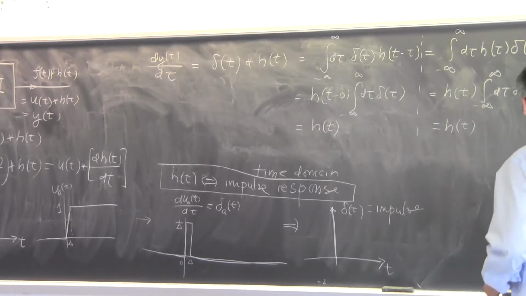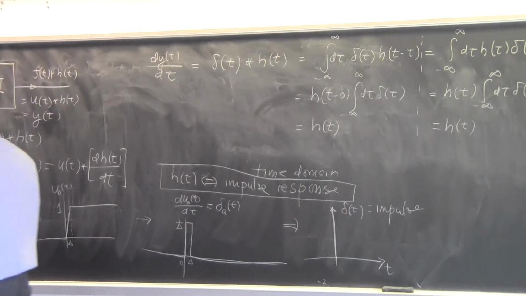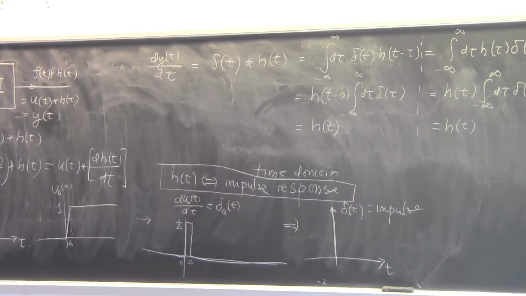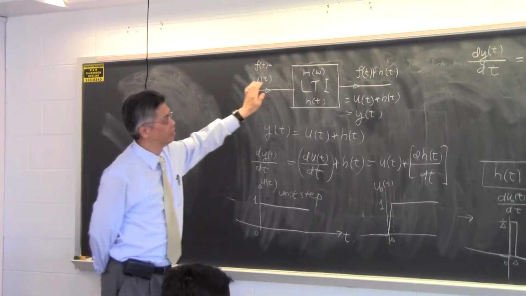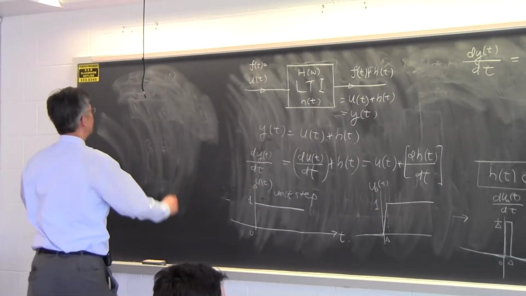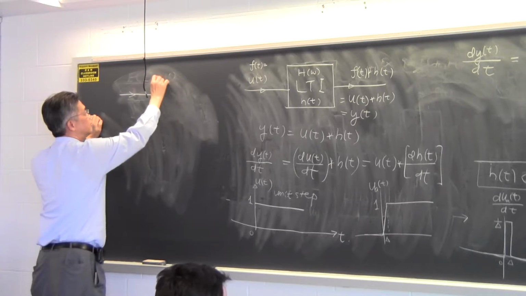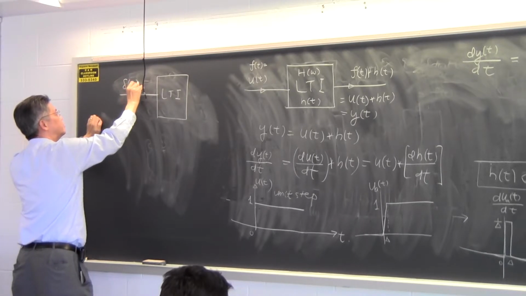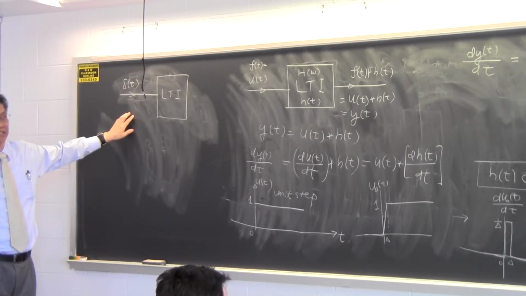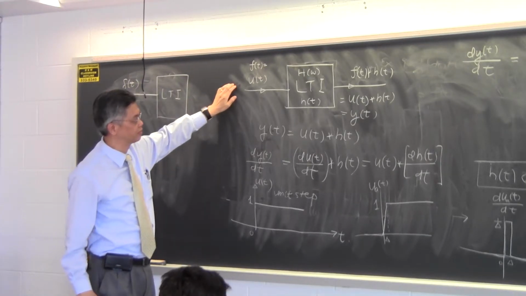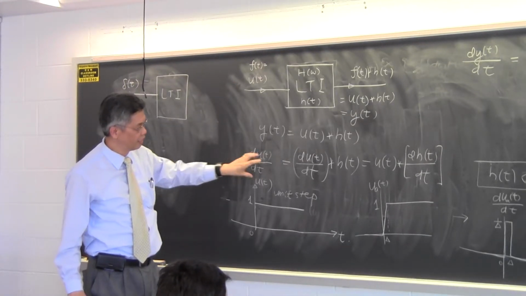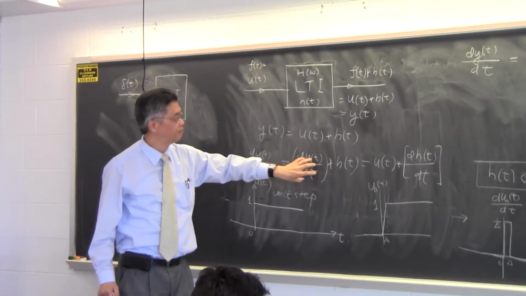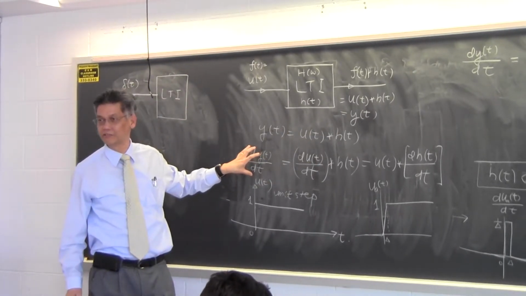Okay? So what it says is that, if I were to, can I erase this? Yes. Okay, good. Then if I were to have the unit function as my input, my output would be that thing over there. But now, if I have the same LTI, if my input now is just a delta function, which is the derivative of this function over here, and according to this rule, my output to this system should be the derivative of y of tau.